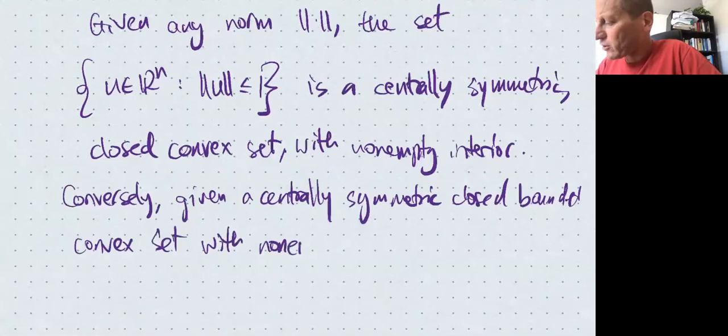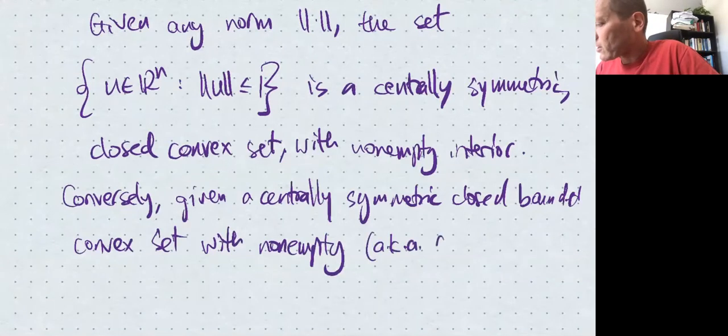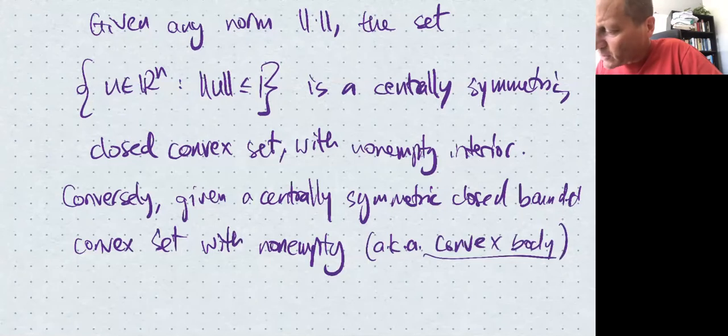Such sets are often called convex bodies, also known as a convex body. There's a norm associated with it, for which that formula is true.